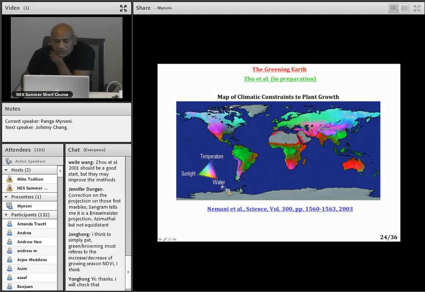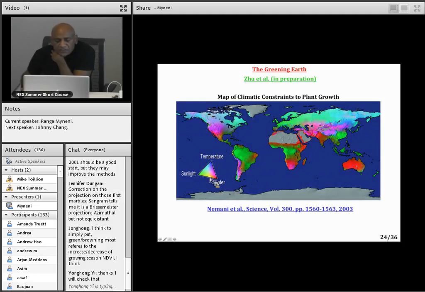But if a region is limited by both water availability and temperature, it will appear purple. If it is limited by water and sunlight, it will appear as yellow. And if it's limited by all three, it will appear as some color at the center of this triangle.